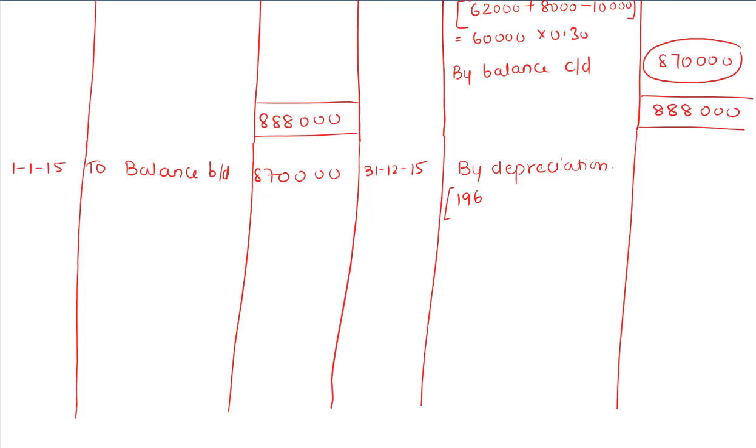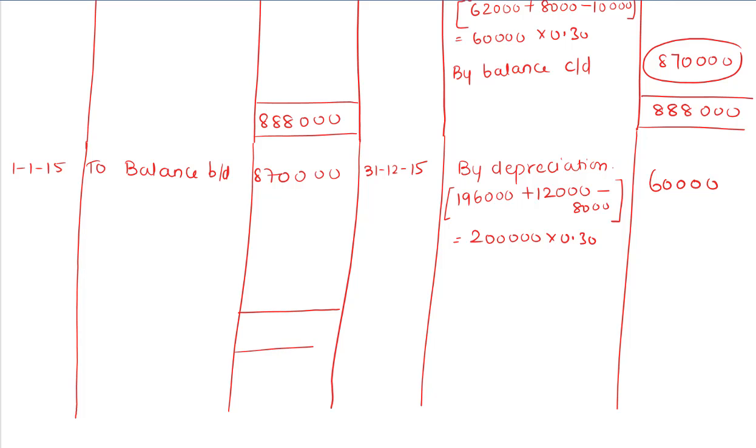For 2015, it is 1,96,000, that is the sales, plus closing stock, which is 12,000, minus opening stock, which is 8,000. Quickly do it on your calculator. It is 2 lakh multiplied by 0.3.